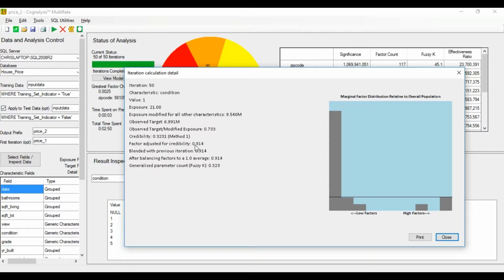We are actually saying that this particular bin only has credibility of 32%, and so we're only going 32% of the way from 1 to what we're coming up with adjusting for all of the variables. Together with that, then, we are only going to count this as being a generalized parameter count of 0.3.